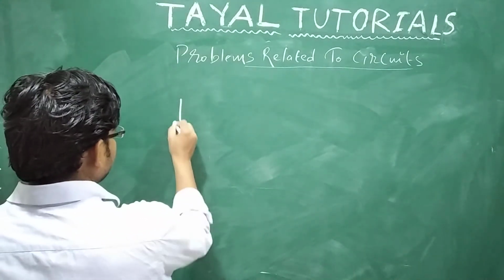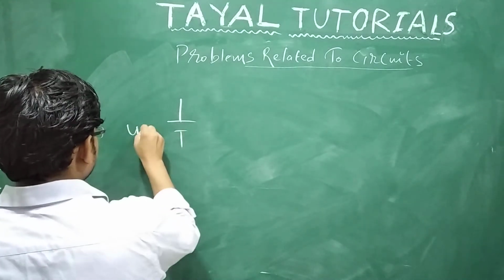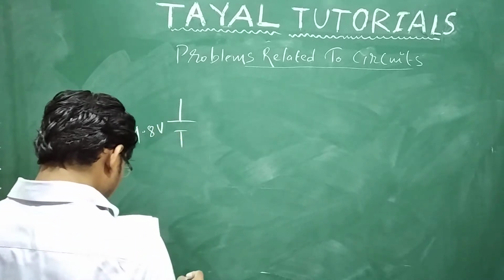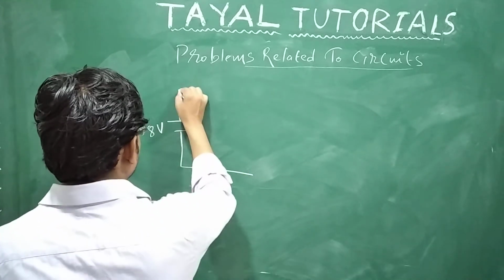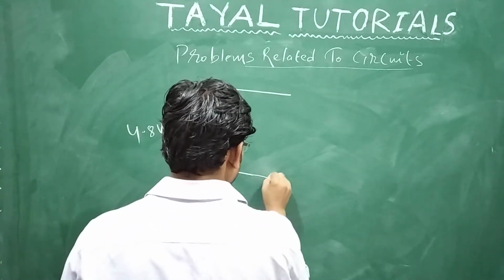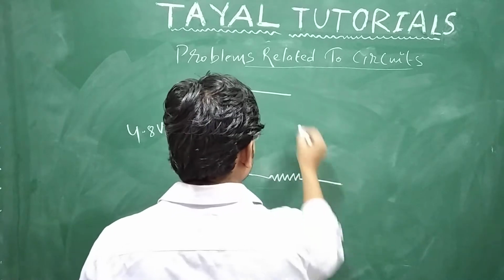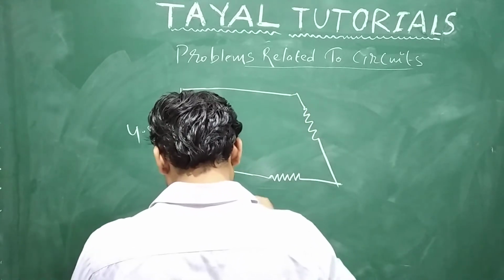Say this is your 4.8 volt, and this is just almost a similar circuit. The value is just changed.